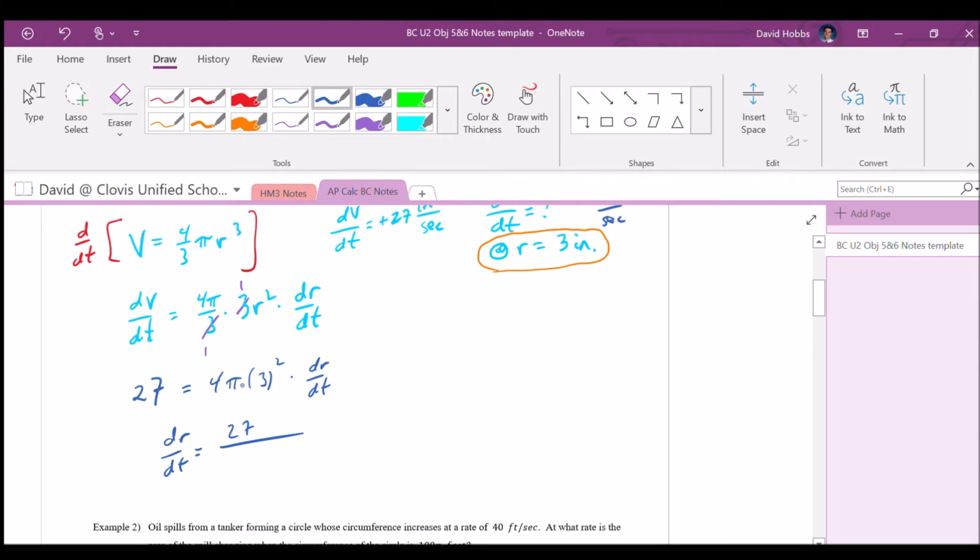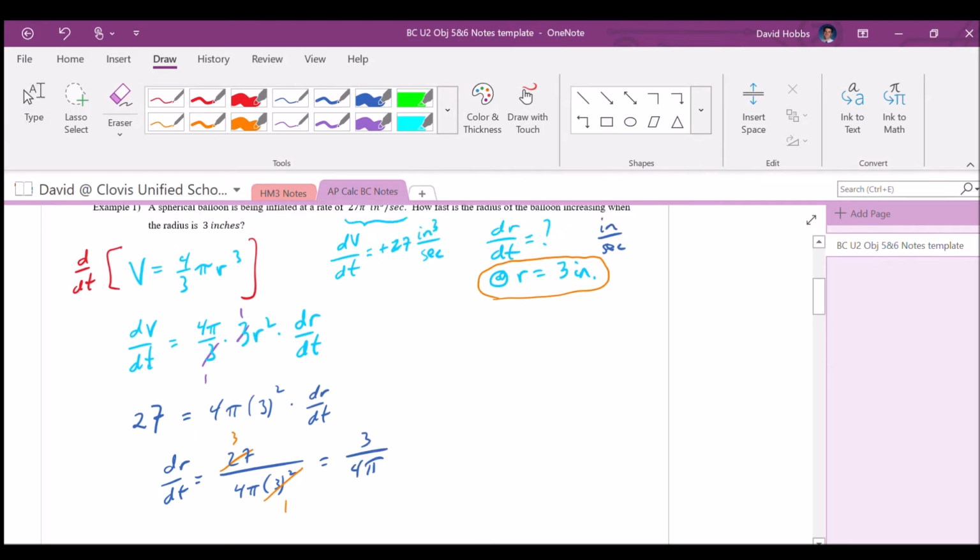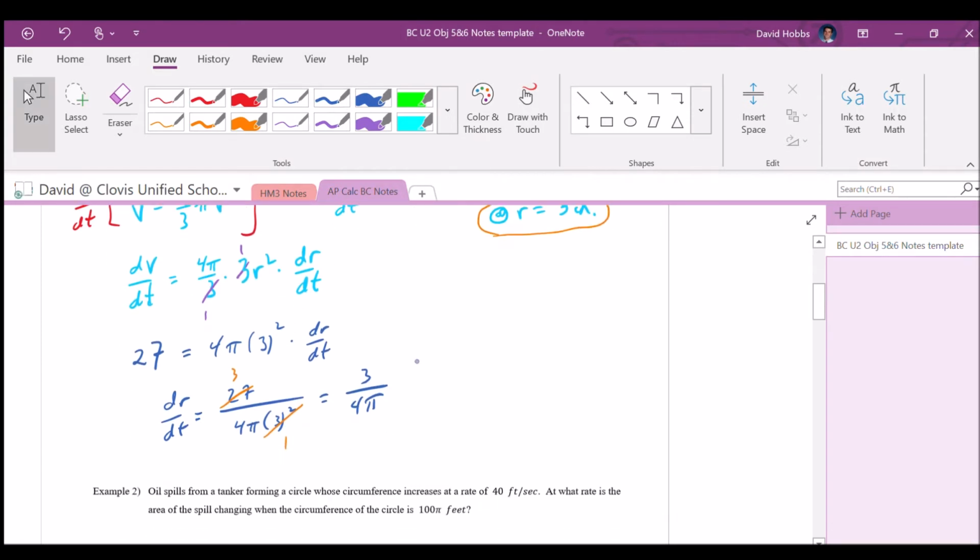You could multiply it out, it's 36 pi, but I'm noticing that the 3 squared is going to go into the 27, because it's 27 over 9 effectively, so it reduces to 3 over 4 pi. So dr dt is 3 over 4 pi. What did we say our units are? Inches per second.